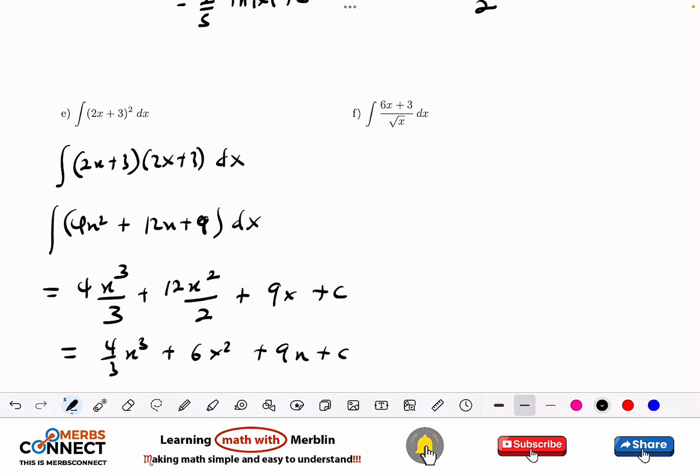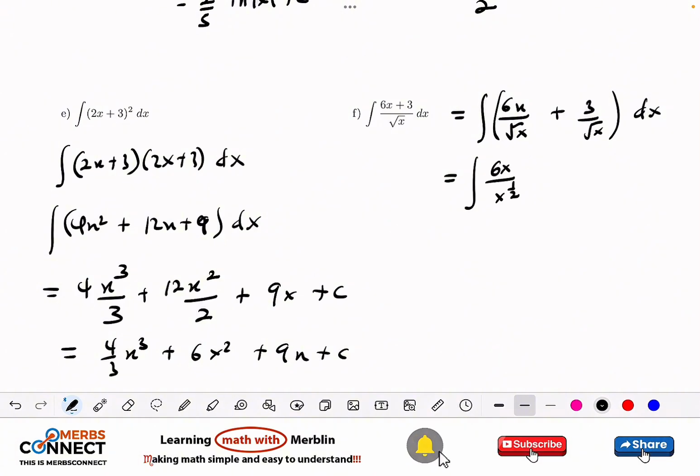Let's look at the F. The F is nice because, first, I know that a plus b over c is the same as a over c plus b over c. So I can write this one as 6x over root of x plus 3 over root of x, dx. Is that right? And then I know that root of x is x to the power 1 over 2.